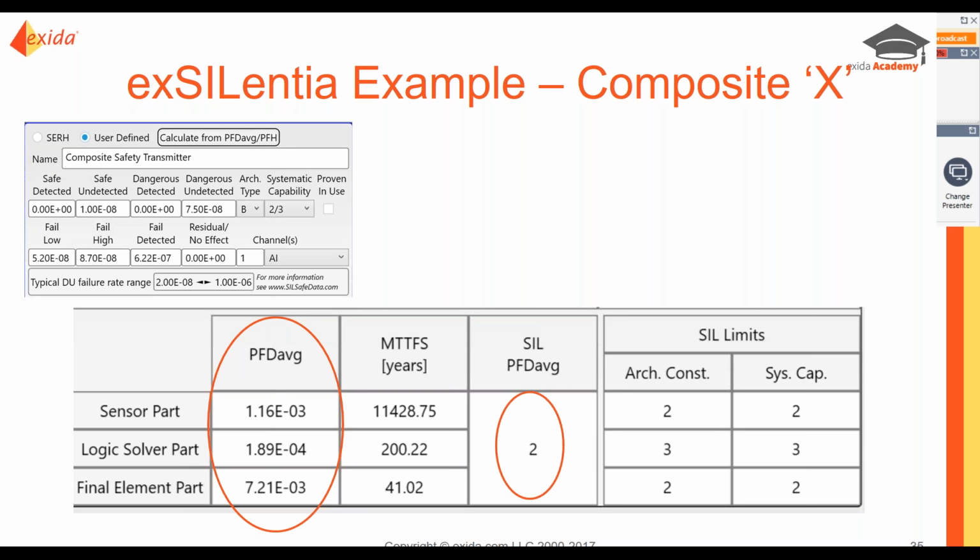Say you have 4 or even 3 sensors that you may be using in this system. And say you're most concerned about your high trip value, or your PFD average, or maybe you might be most concerned about spurious trips.